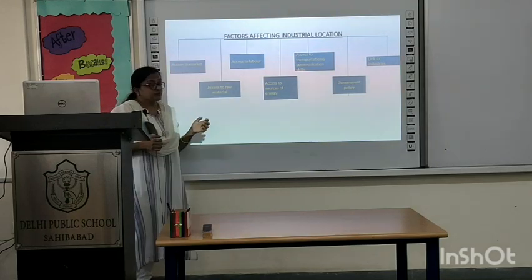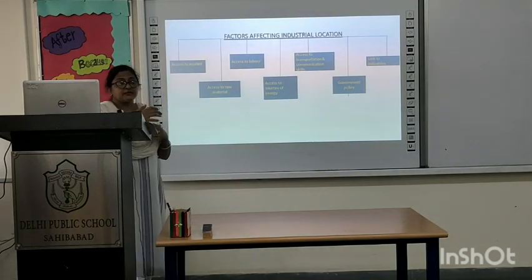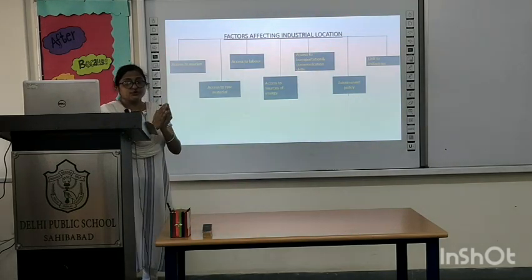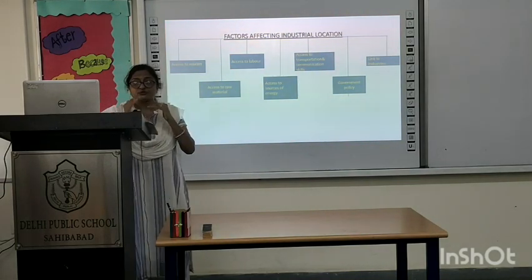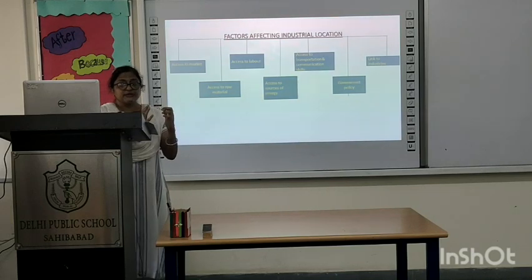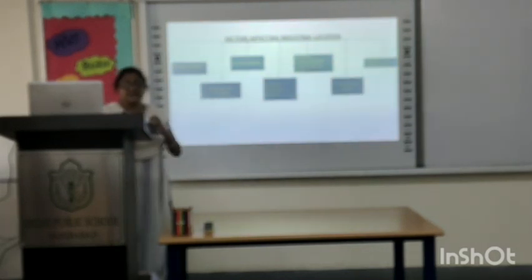Then access to raw material. Raw material used by industries should be cheap and easy to transport. Industries based on cheap, bulky and weight-losing material are located close to the sources of raw material, such as steel, sugar and cement industries.